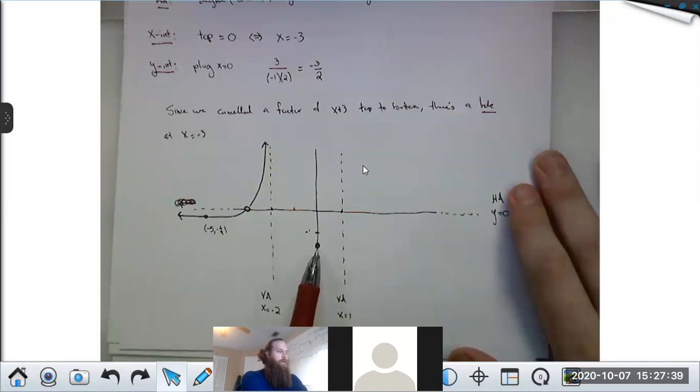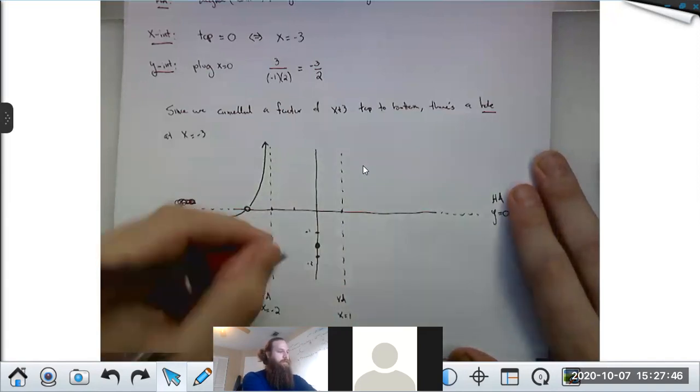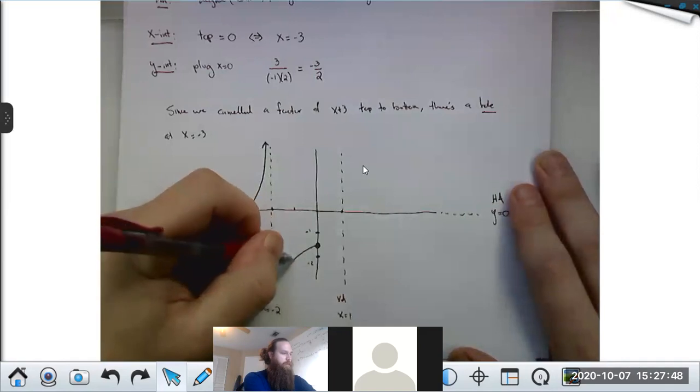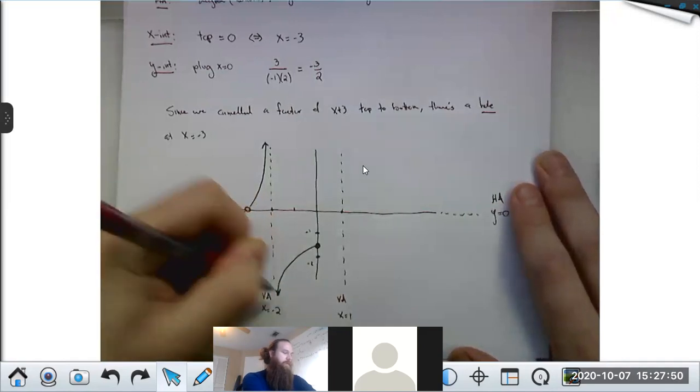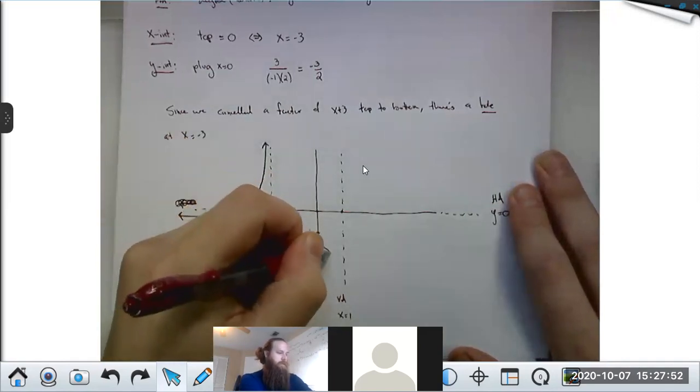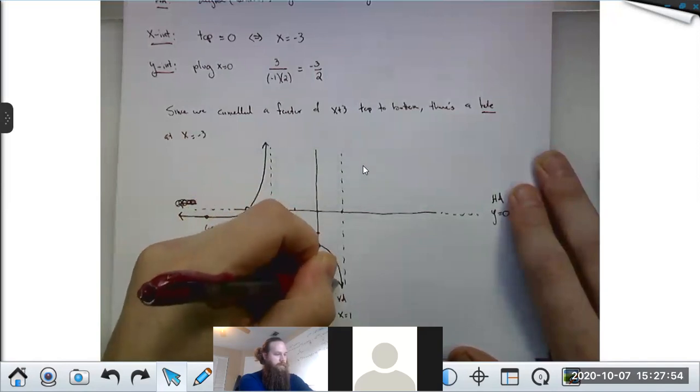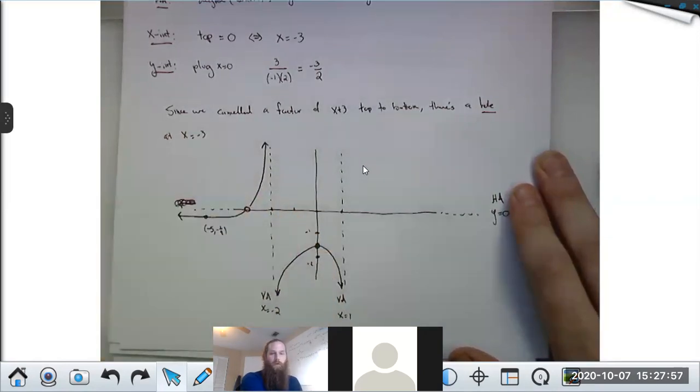Down here, I know my function is negative, and I don't have any x-intercepts in here, which means that I have to approach these vertical asymptotes like this. No other choice.